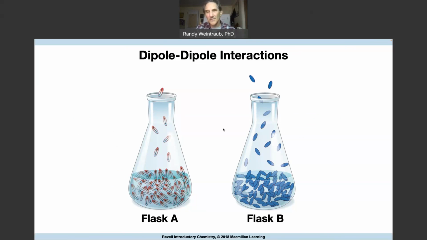Because of the forces of attraction between the dipole molecules, the heat required to separate them is greater than for those having no dipole. And this is reflected in a higher melting point and boiling point than those of nonpolar molecules, as in flask B.